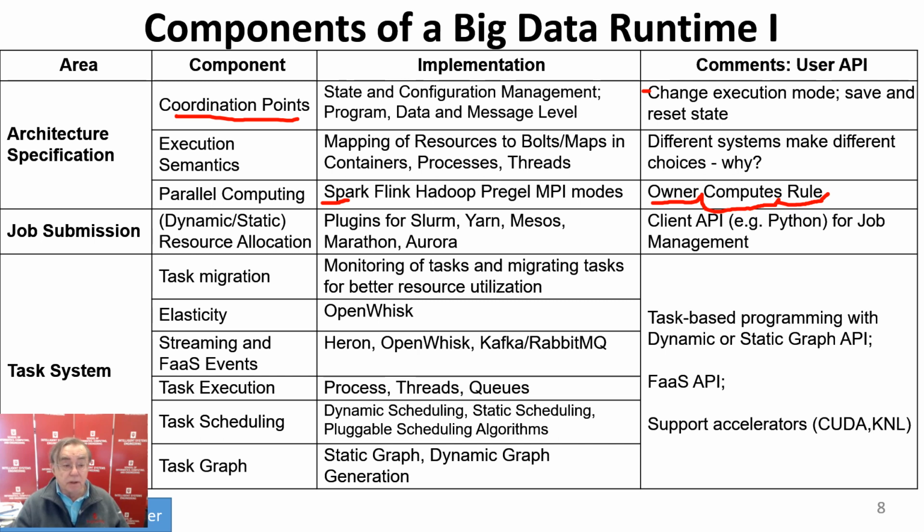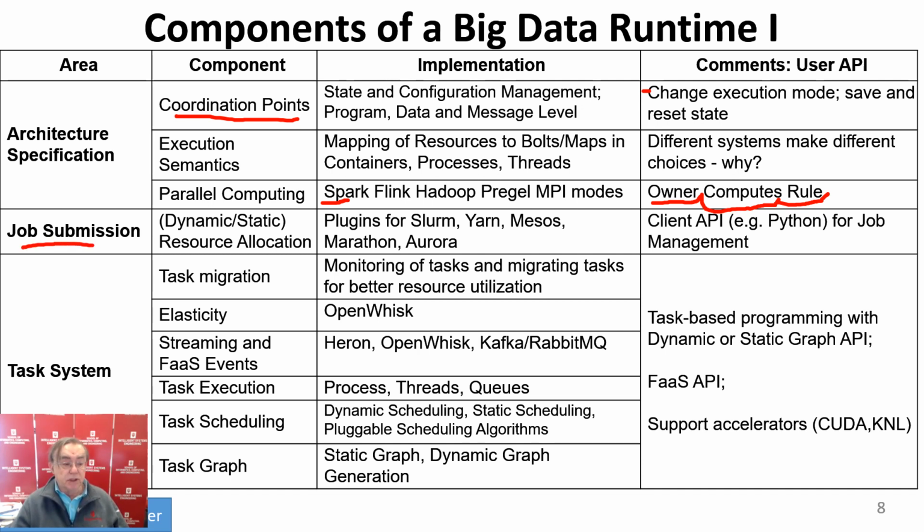It says if you're a computer and you're in charge of data points X, Y, and Z, you calculate whatever's connected to X, Y, and Z. So the owner computes rule says where the data is stored is where the computing is. And there's a reason for that. You don't want to transmit the data because communicating data costs time. So you try to do the computing where the data is. That's a very important principle.